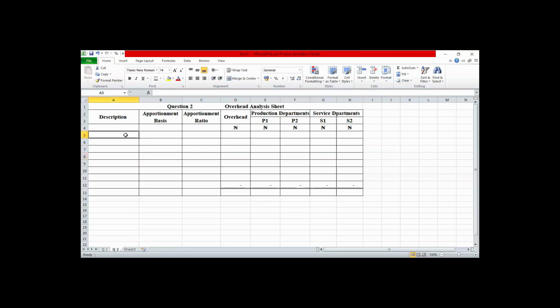What is the information you have? We have allocated and apportioned production overheads.